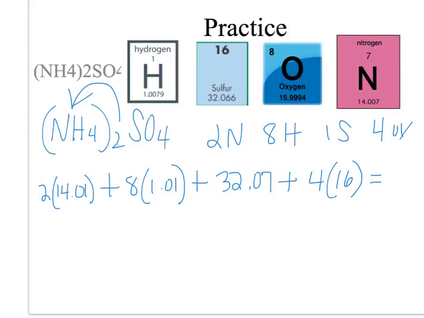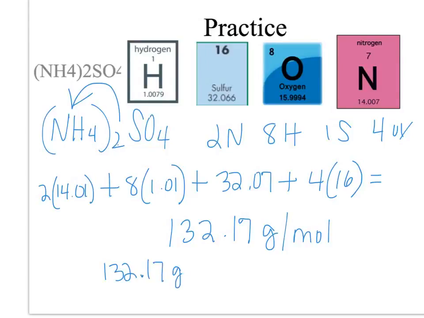So now we want to add that all together in your calculator. And again, if you need to pause it, go ahead. What you should come up with is 132.17 grams per mole. And remember, that's the same thing as saying that for every 132.17 grams of ammonium sulfate, it is equal to 1 mole of ammonium sulfate.